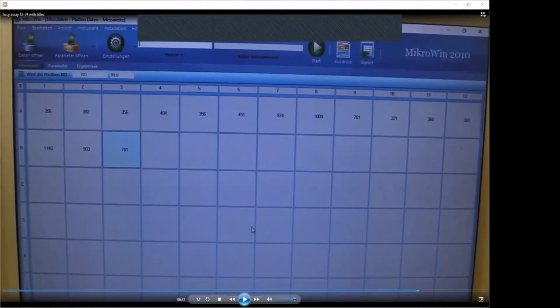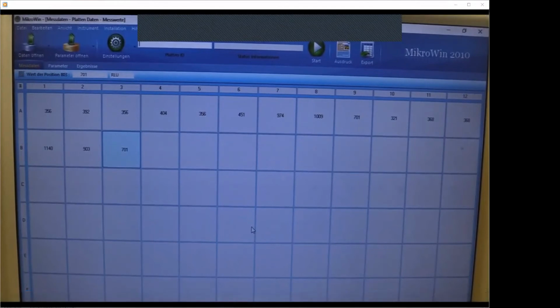Then next point is that these three values have to be more or less same, because this reflects the accuracy of your pipetting and also the accuracy of the reproducibility of your samples.